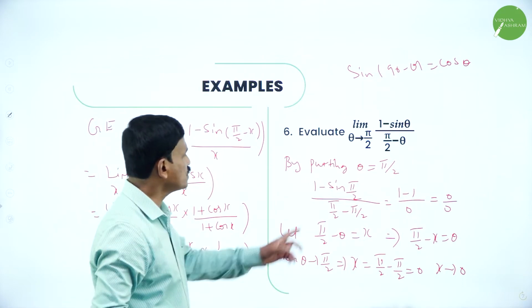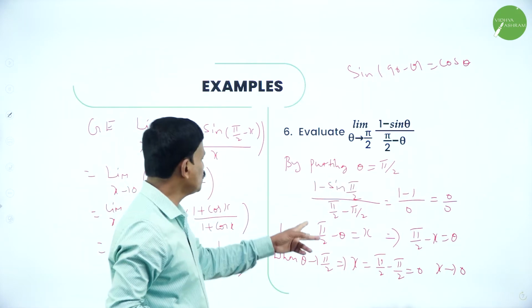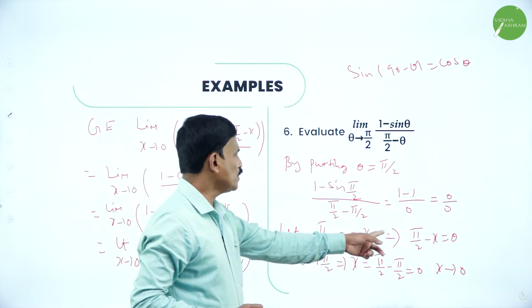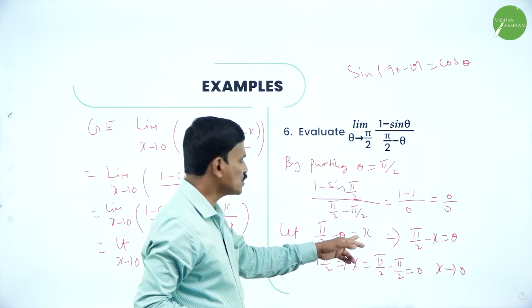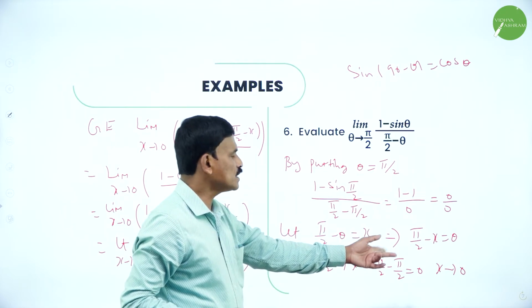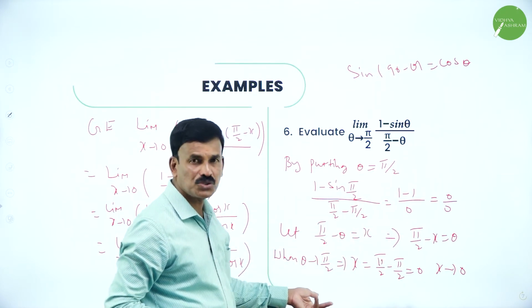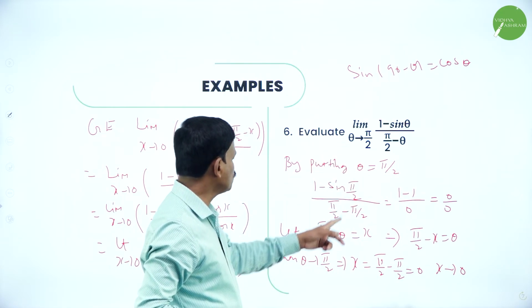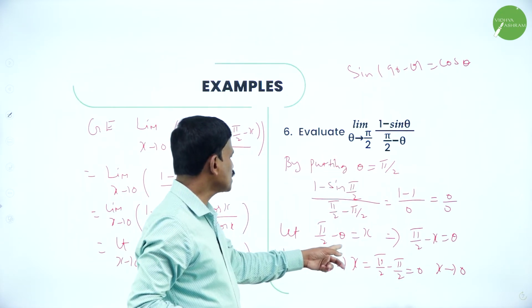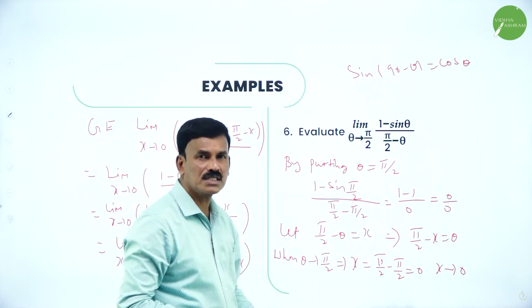Let me explain this first. Let us take pi by 2 minus theta is equal to x, then pi by 2 minus x is equal to theta. Whenever substitutions are taken, the value of the limit changes. When theta tends to pi by 2, substitute here, pi by 2 minus pi by 2 is equal to 0, so x tends to 0.